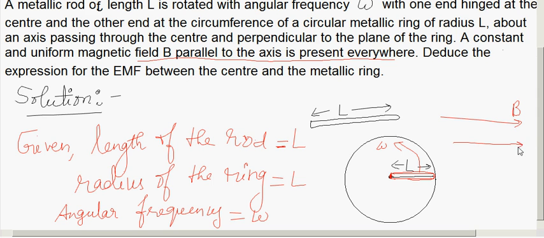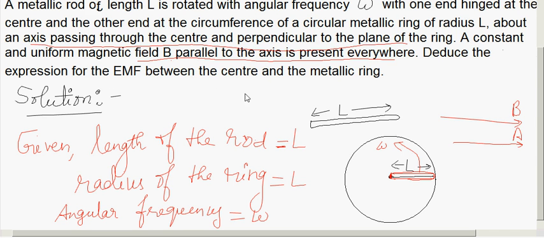B and A are parallel to each other, because the axis is perpendicular to the plane of the ring. The angle between B and A is 0, which means there is a maximum flux here.